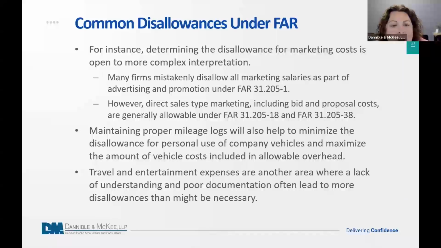One thing we haven't talked about was travel and entertainment. Travel and entertainment are another area that gets really gray: is it allowable? Is it unallowable? Entertainment, certainly not allowable. Holiday parties, unallowable. Travel.